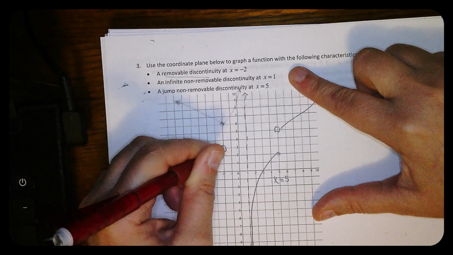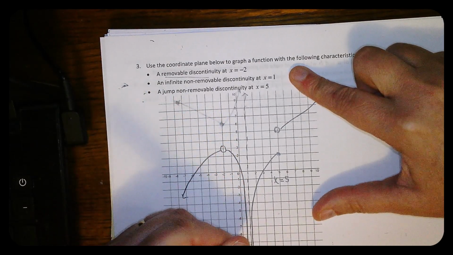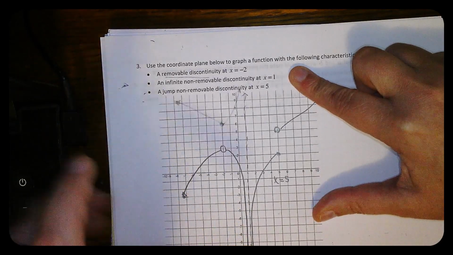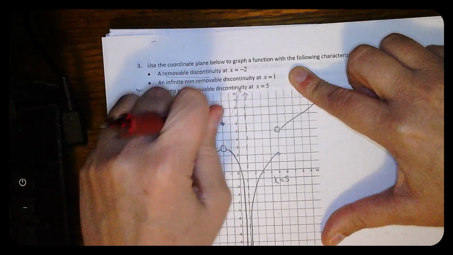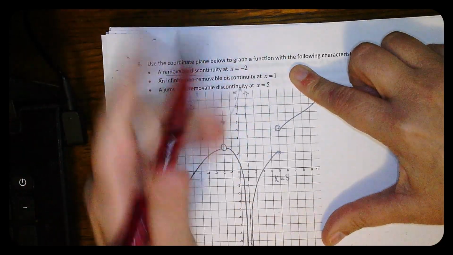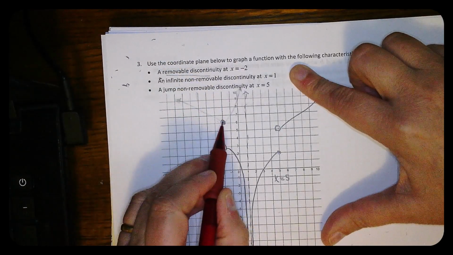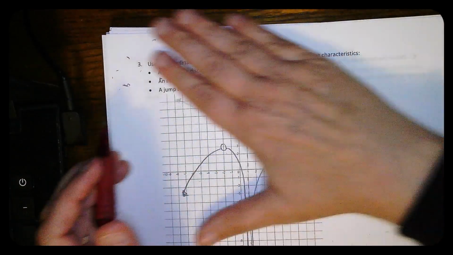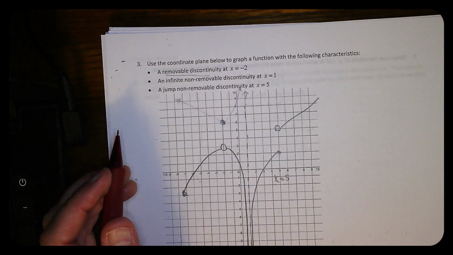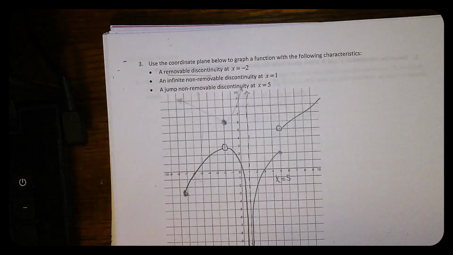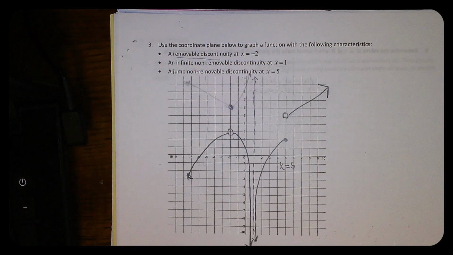It has to be headed towards the same value. There we go. I can't have that because then it would cease to be a function. So for a removable discontinuity, all you want to do is have a hole and then put a point there where you could plug that hole with that redefined point. So that's my graph with those 3 discontinuities.